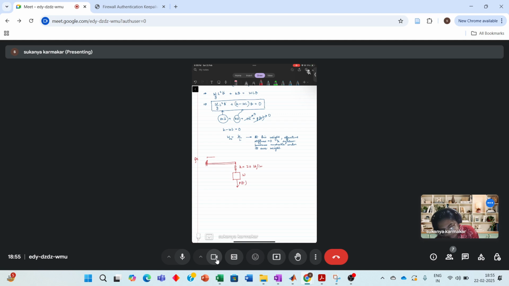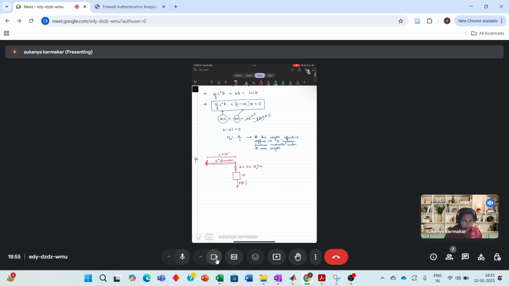This length is 10 feet. This is equal to 2 inch diameter.